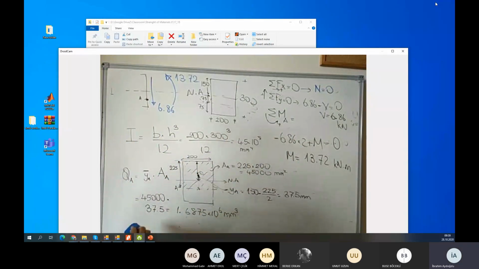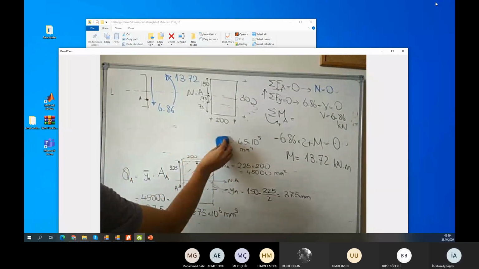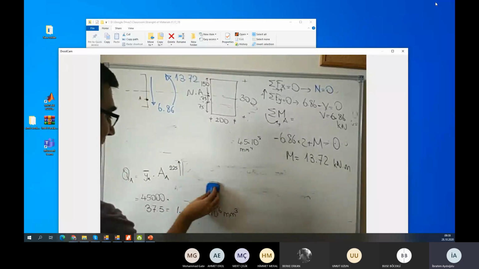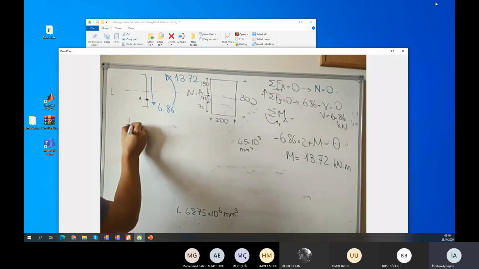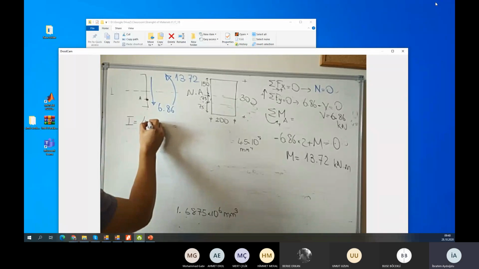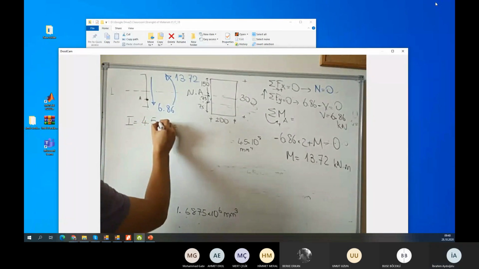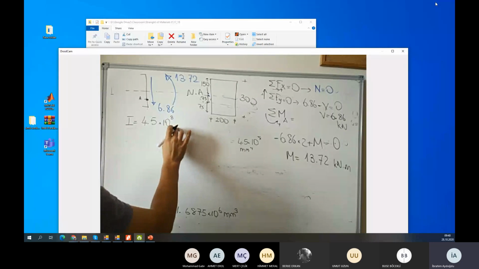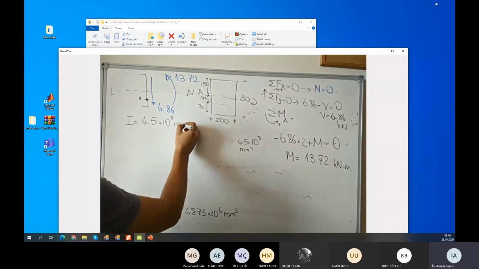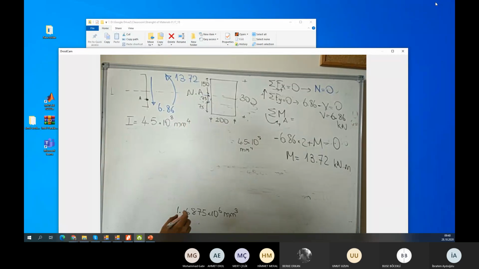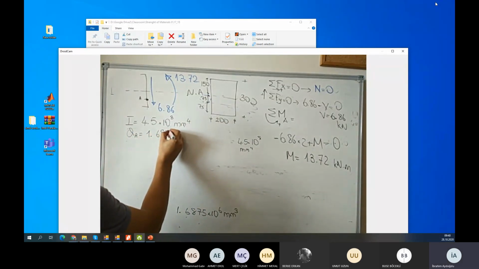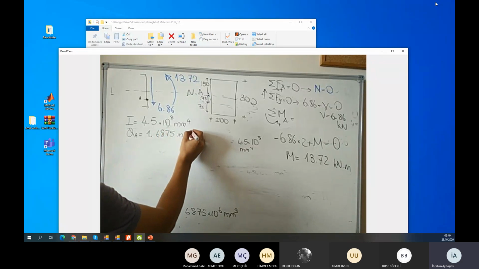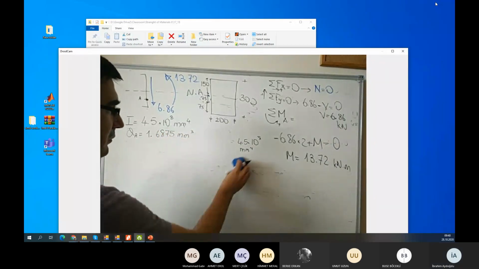Please record these values. If you erase this part, leave only these. So the moment of inertia is 4.5 times 10 to the power 8 millimeters to the fourth, and QA is equal to 1.6875 times 10 to the power 6 millimeters cubed.